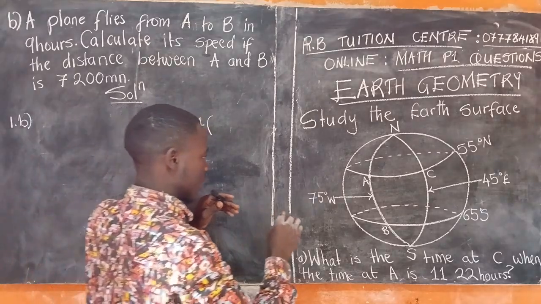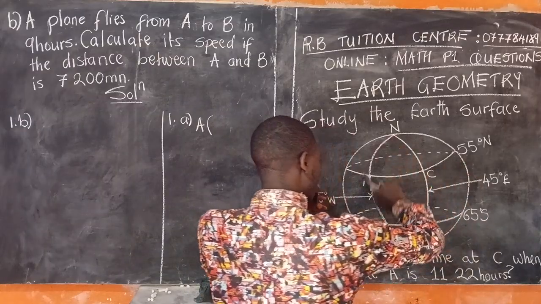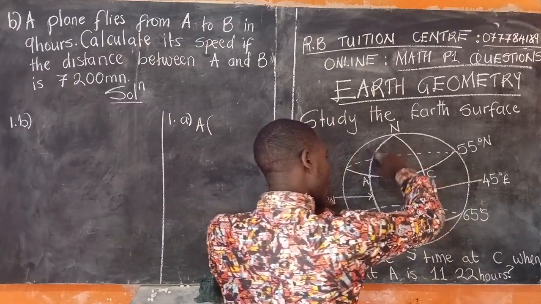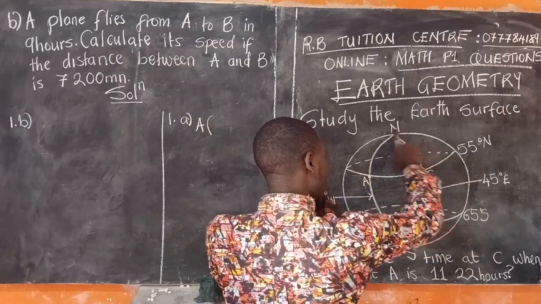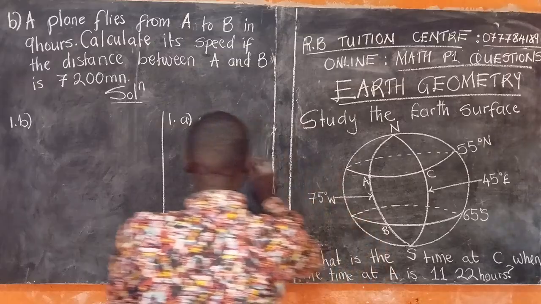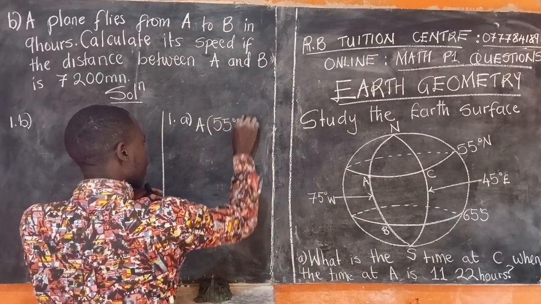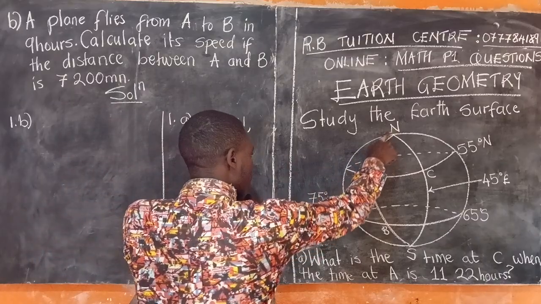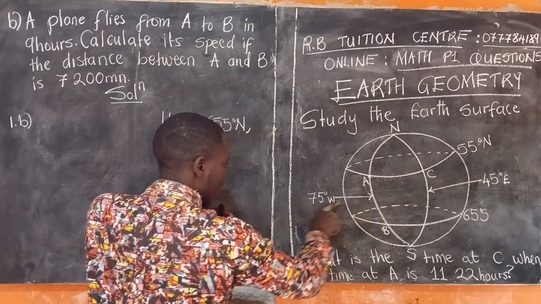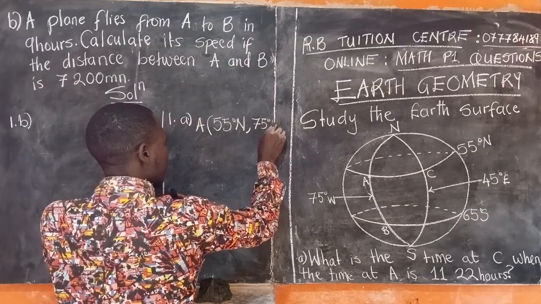We are going to start with the latitude, then the longitude: x, y. The latitude where A lies is 55 north, and the longitude is 75 west.